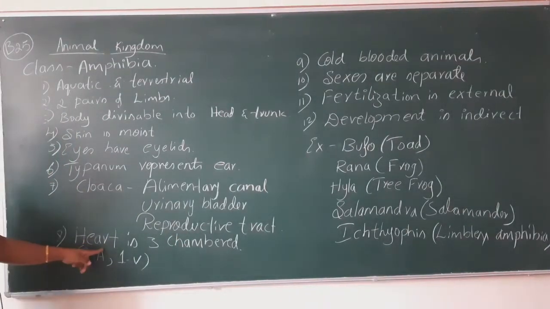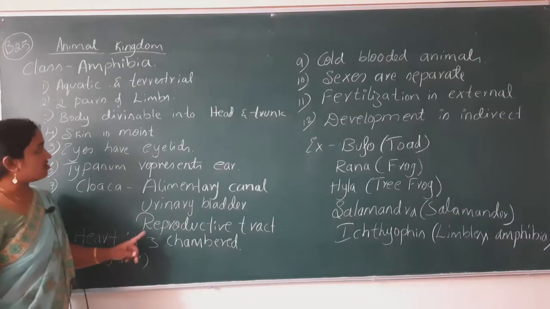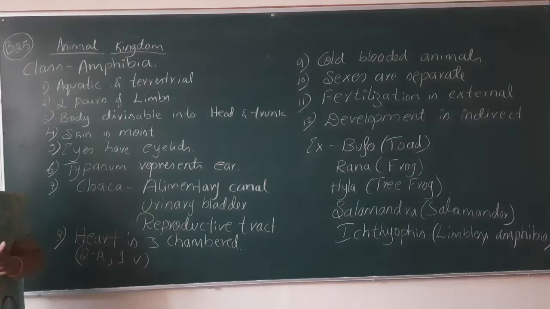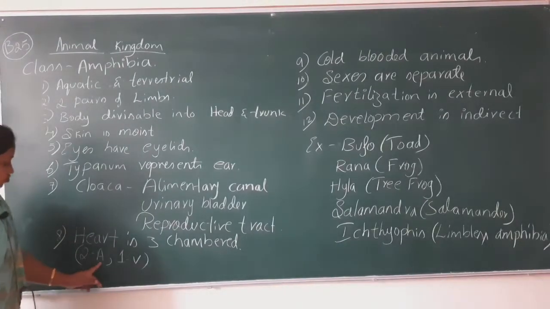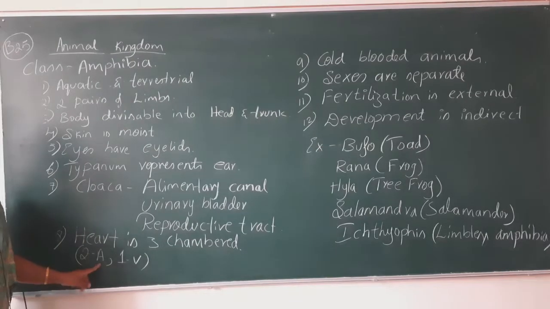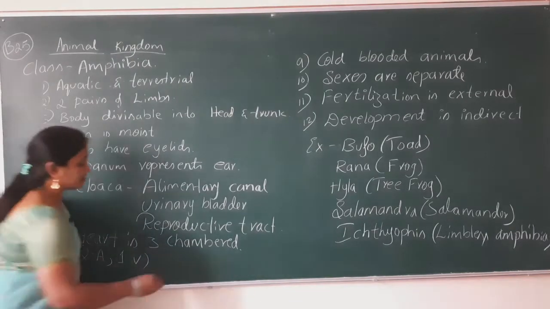Now, the next character is that the heart of these organisms is three-chambered. Here I have written 2A and 1V, which means 2 auricles and 1 ventricle.